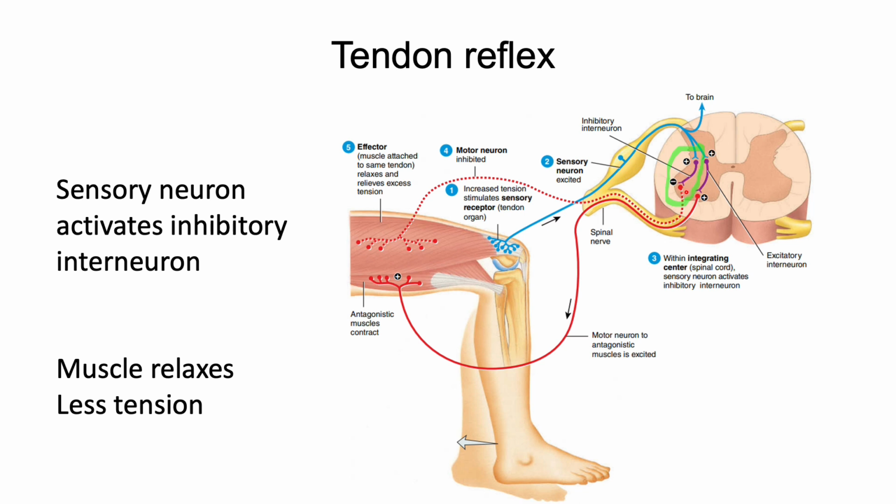This in turn will synapse on the anterior motor neuron, resulting in relaxation of this muscle. And so this will decrease the tension in this muscle and prevent avulsion of the tendon or injury to the tendon and the muscle by the increased tension.